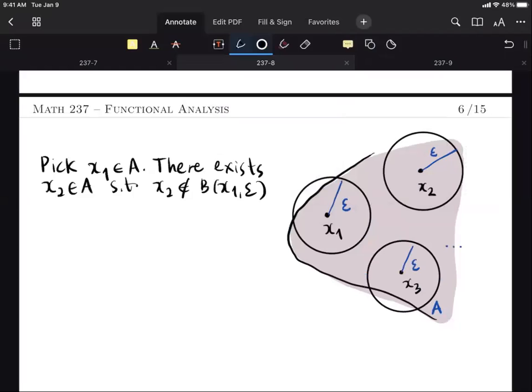So suppose x1 up to, let's say, x sub k has been chosen.